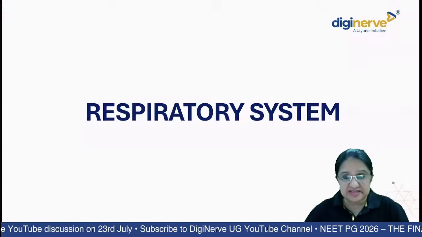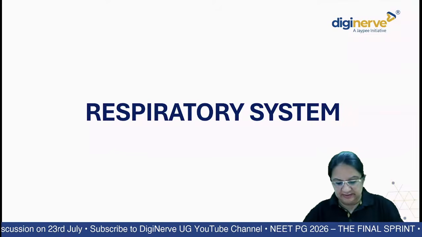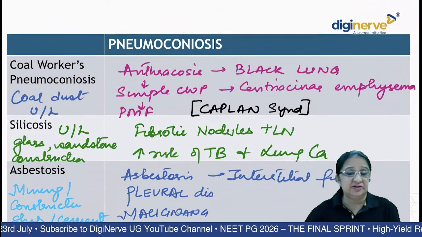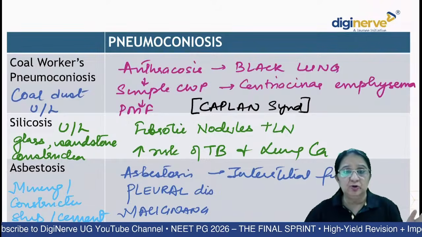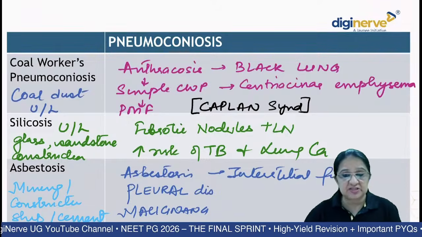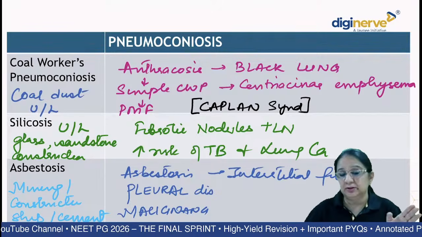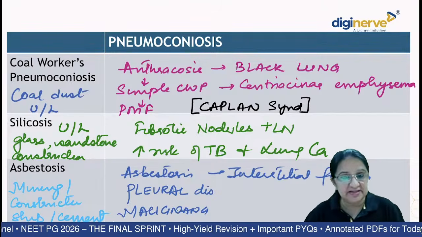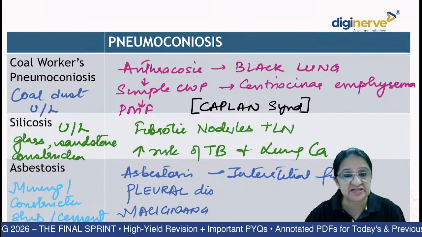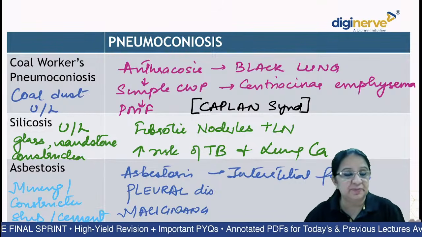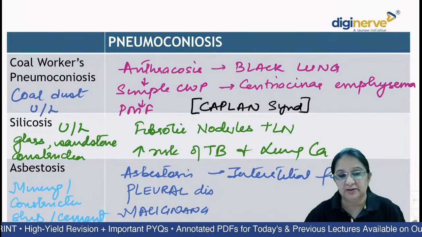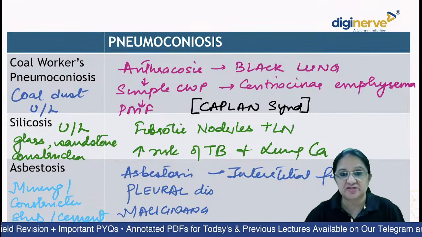Starting with the respiratory system. Two most important things that you need to know about: pneumoconiosis and the lung tumors. Please do study about chronic bronchitis, asthma, the Reid index, the bronchoscopic picture of bronchial asthma, the Curschmann spirals and everything.